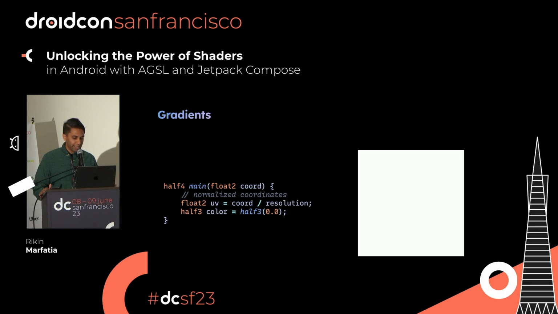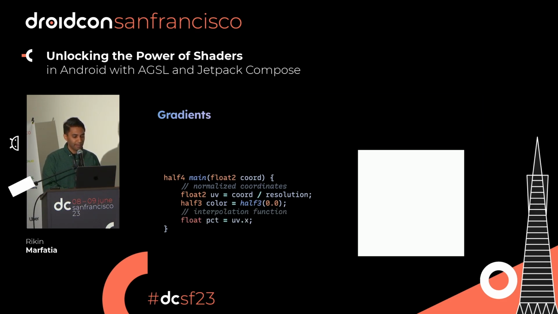We're starting out with the same code that you saw before. We have this main function. We're given a coordinate. We're going to normalize that coordinate because we want to work in that magical realm between 0 and 1. Then I'm going to create this interpolation function, and you'll see how I'm using that in a minute. Right now, this is just going to represent the x value. We're going to use that to help drive the transition between the two colors.